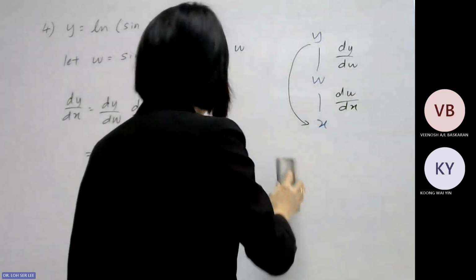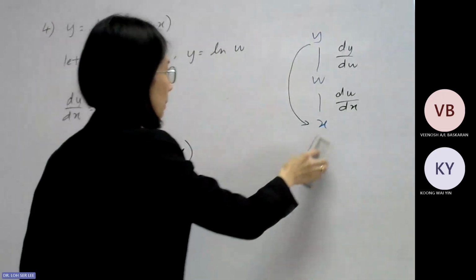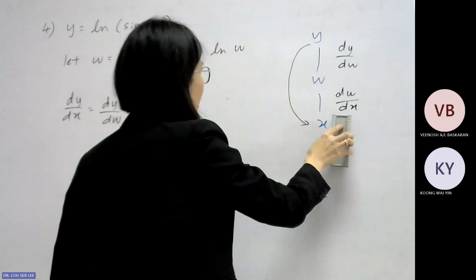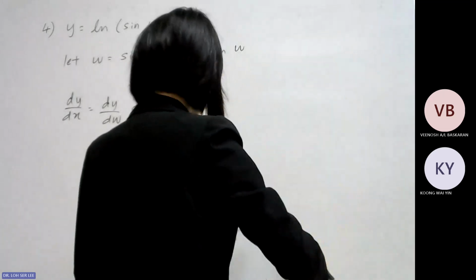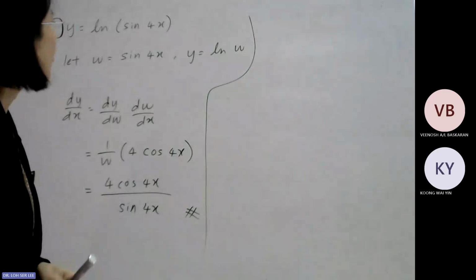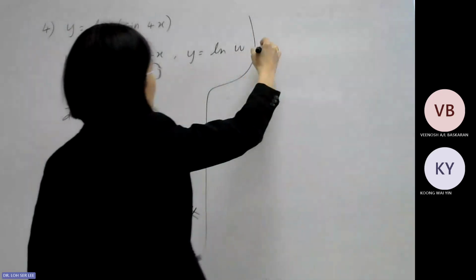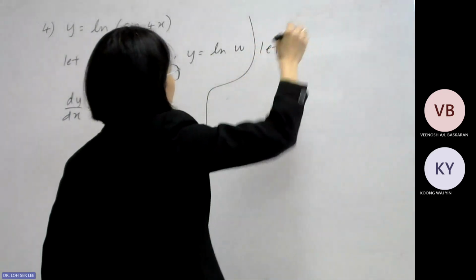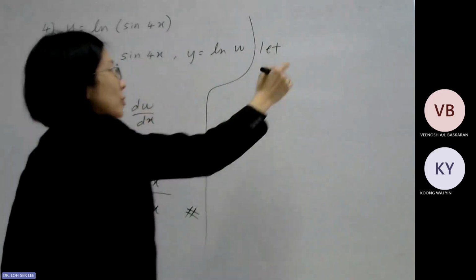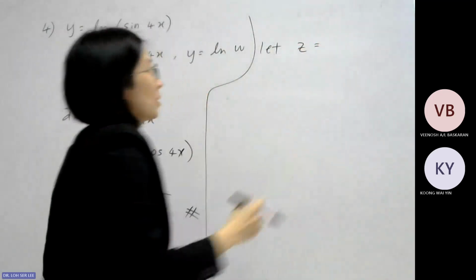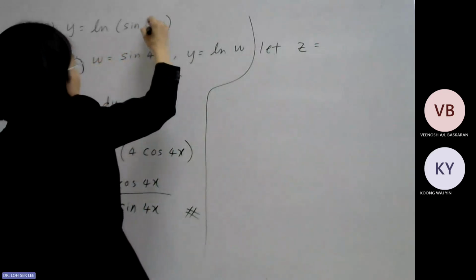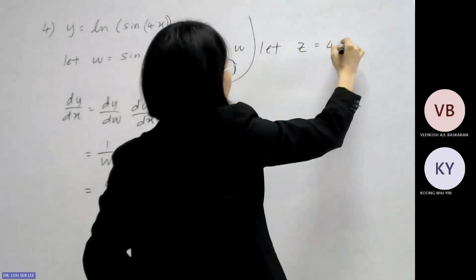Okay, show you the extended chain rule. If we use the extended chain rule, we can have z, w. Let's say your z will be 4x.